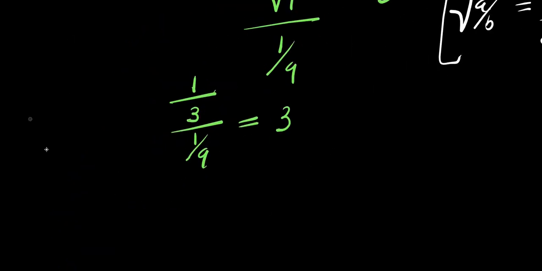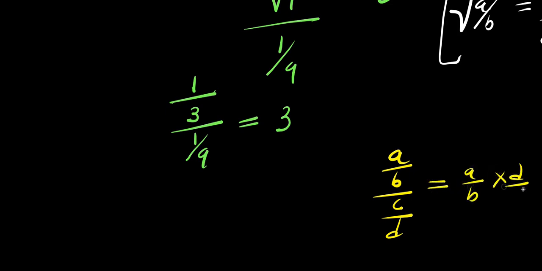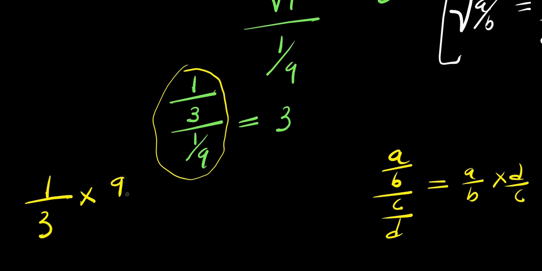So right now, if you have a over b divided by c over d, this equals a over b times d over c. We apply that here. 1 is like our a, this is b, this is c, this is d. So we are going to have 1 over 3 times 9 over 1 equals 3.